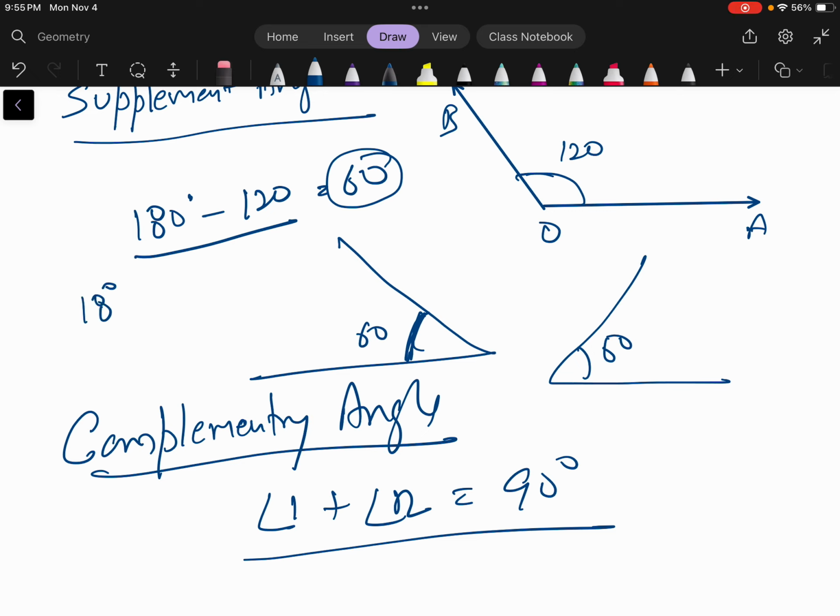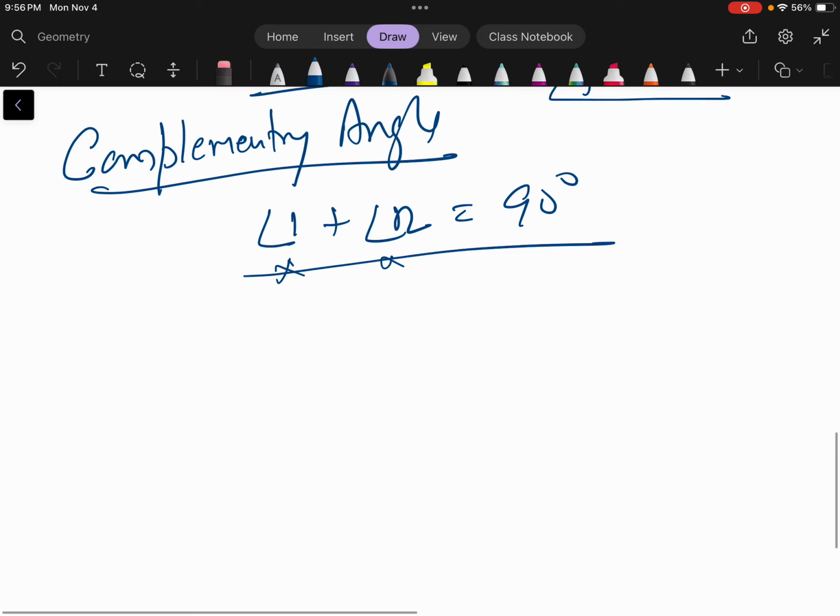Supplementary means subtracting this angle x from 180 degrees, and the result is the supplementary of this angle. Complementary is if I add an angle and it becomes 90 degrees, this is known as the complementary angle.